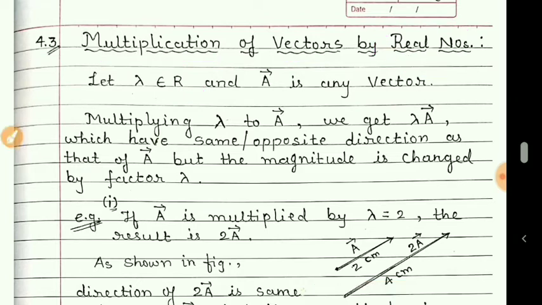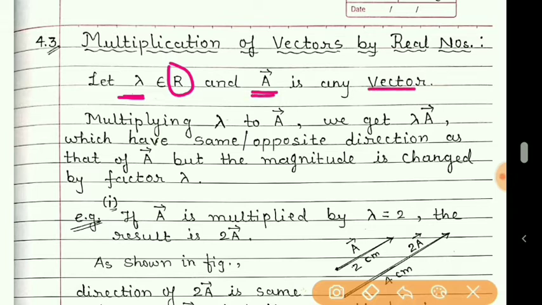So now here, suppose this lambda is any real number and a is any vector. Now if we multiply this real number, that is lambda, to a given vector a, then we get lambda into a.